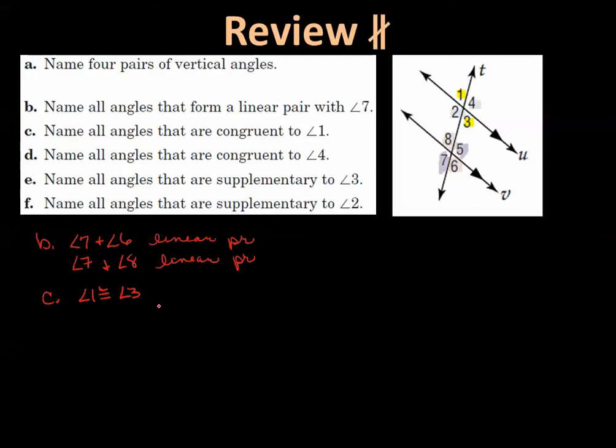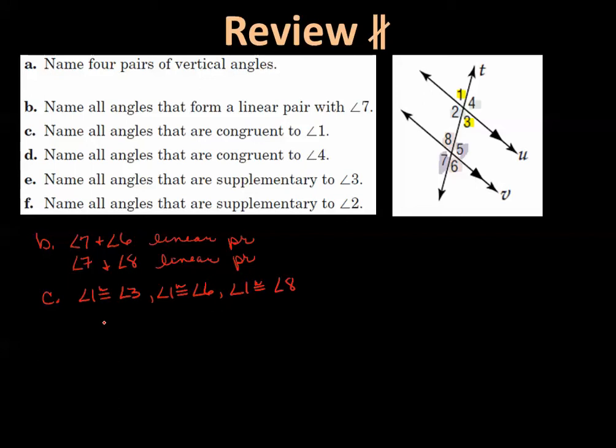And angle 1, angle 3 and angle 6 are corresponding angles. So angle 1, remember by the transitive property, is going to be congruent to angle 6. And plus their alternate exterior angles. Angle 1 is also going to be congruent to angle 8.